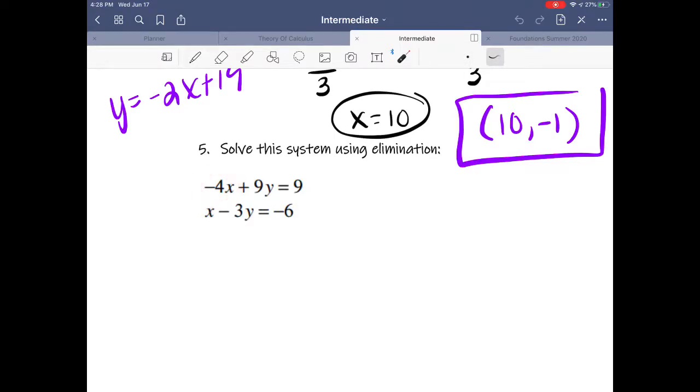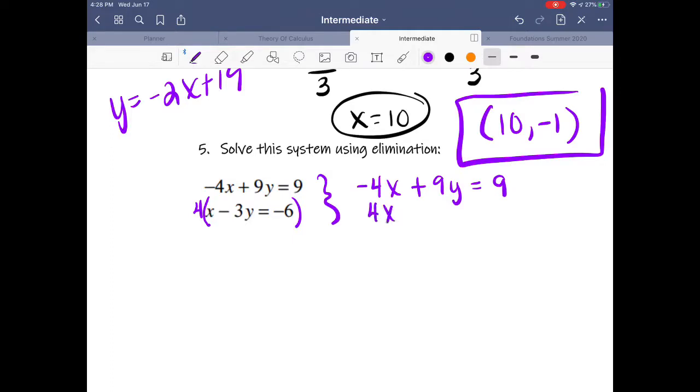This x is negative 4x, and this x is just positive x. If it had a 4 in front of it, then these would eliminate. So if I multiply this entire line by 4, then I've manipulated the equation so that I can use elimination.